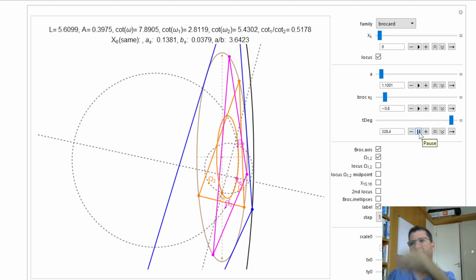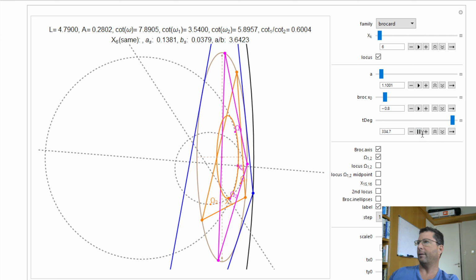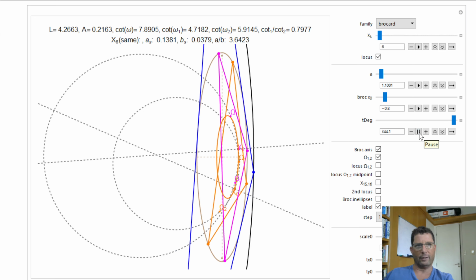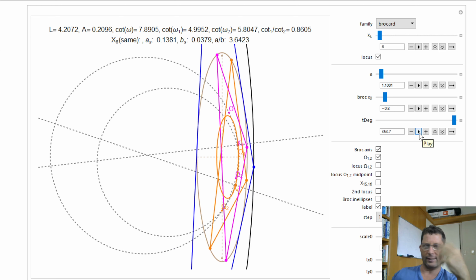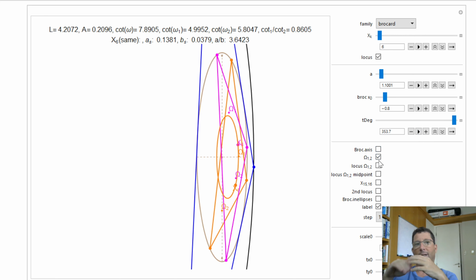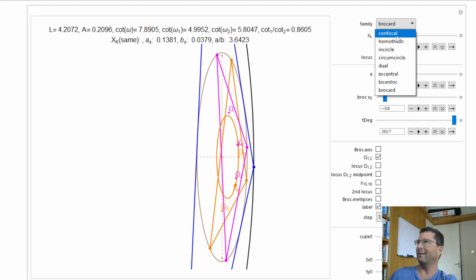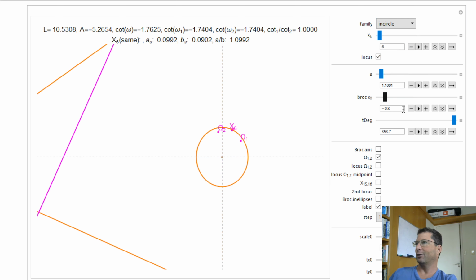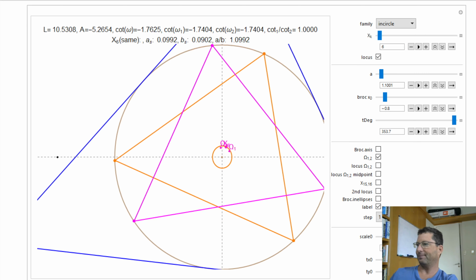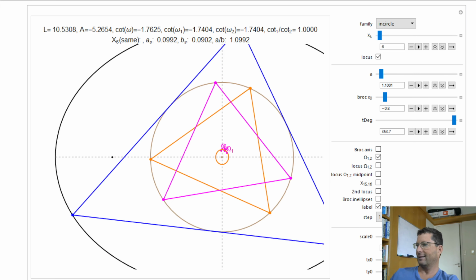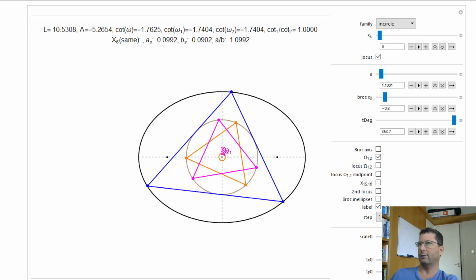You can keep going for higher points in the Encyclopedia of Triangle Centers, x7, x8, x9, and you can end up finding many more properties. But this is what I wanted to share with you guys. The highlights: when Cramer-Castillon is controlled by the Circumcircle family, you get this kind of situation. What if I do 1? Yes.